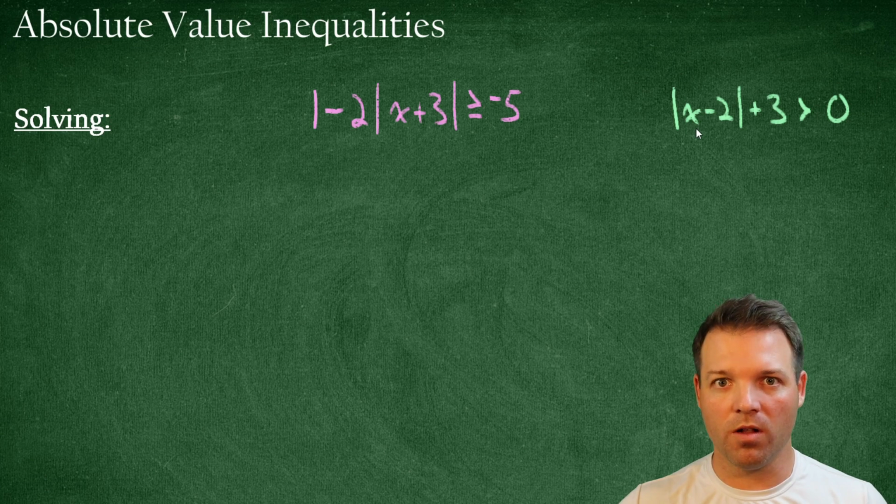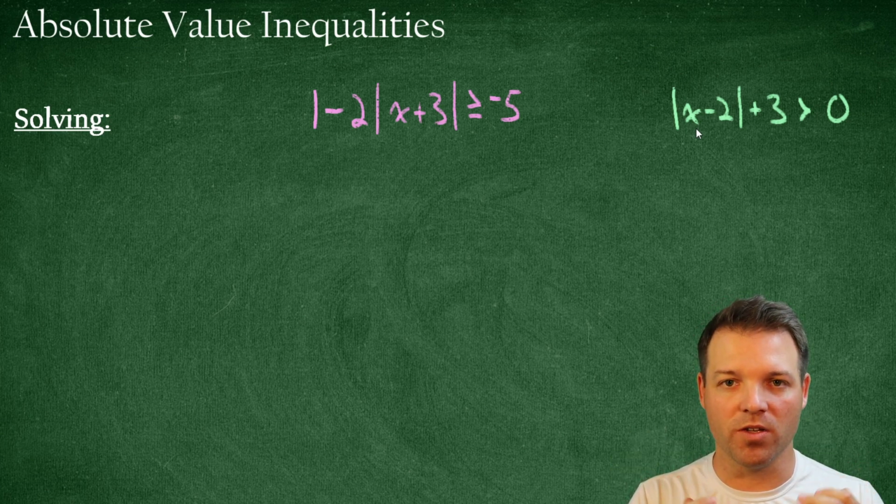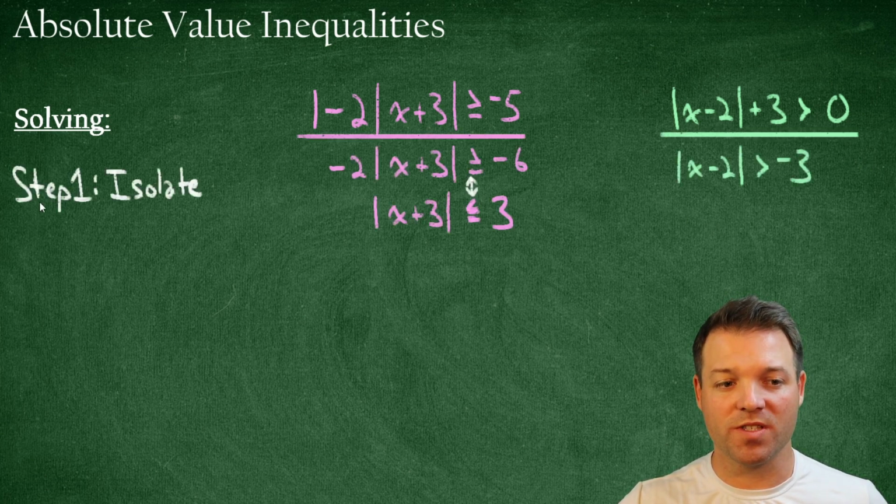As with all of mathematics, whenever you're solving something algebraically and you want to undo something complicated, something like an absolute value, you want to isolate that. Isolating is pretty much always the first step. So step one is to isolate, and in the pink one I have subtracted one from the other side.